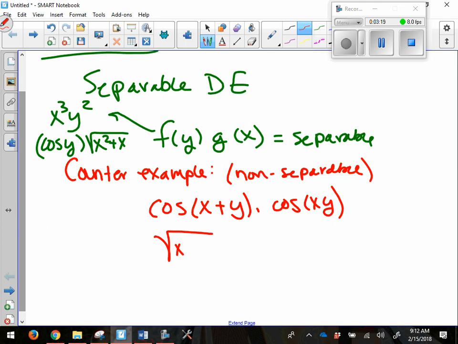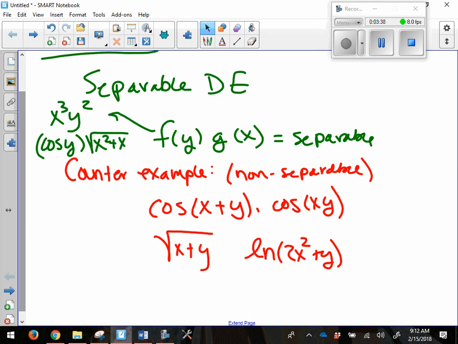Sure. That's not separable. Anything where I might take the natural log. Okay. So these are just examples.